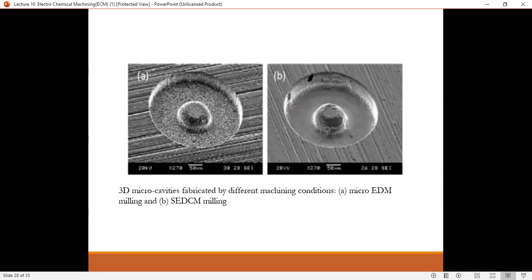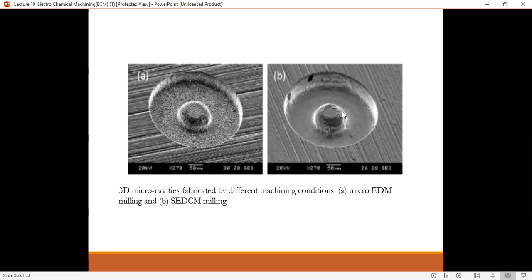This is a 3D micro cavity fabricated by different machining conditions. On the left hand side, this is by the EDM process. If you look at the EDM process, you look at the surface layer of it. This one is using the SEDCM process. SEDCM stands for simultaneous electro discharge chemical machining.